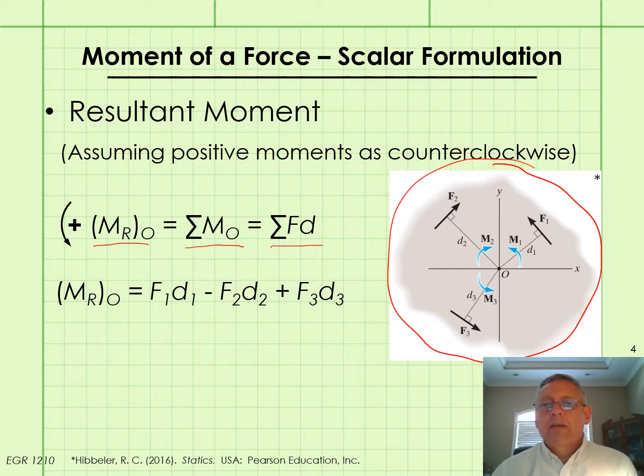The first thing we need to do to find the resultant moment is to set up a sign convention. We need to be able to keep track of positive moments and negative moments, as they tend to cancel each other out. And we're going to assume that positive moments are counterclockwise, which means that negative moments will be clockwise.